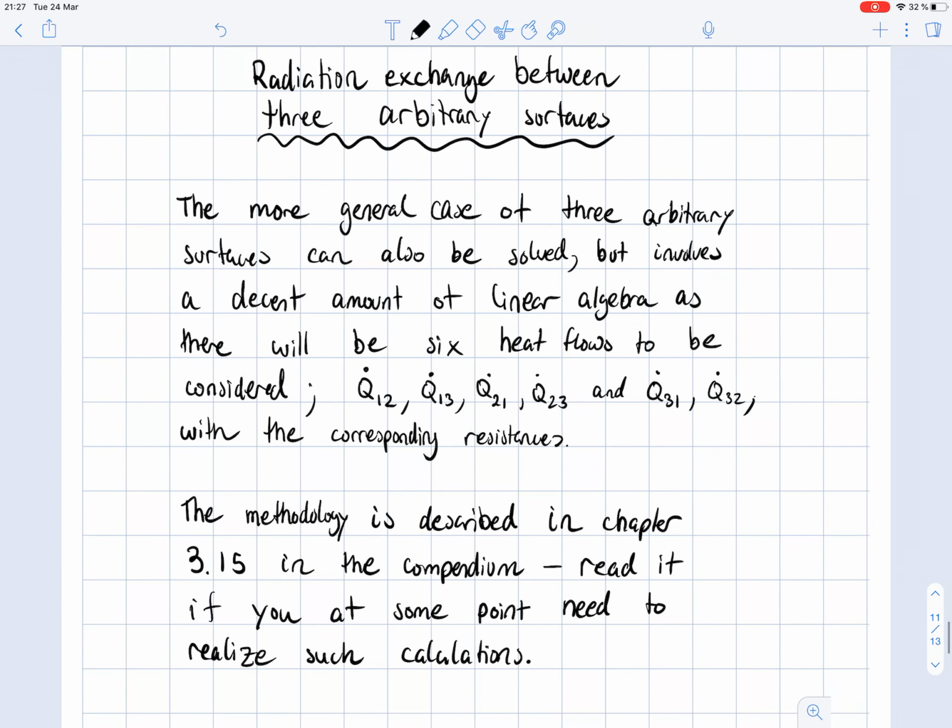Finally, I would just like to comment on what you will do if you have 3 arbitrary surfaces. So you don't necessarily have an adiabatic surface present. In that case, you will have to introduce a quite decent amount of linear algebra, because there are 6 heat flows that have to be considered. You'll have 1-2, 1-3, 2-1, 2-3, and 3-1, and 3-2, with all of the corresponding resistances.